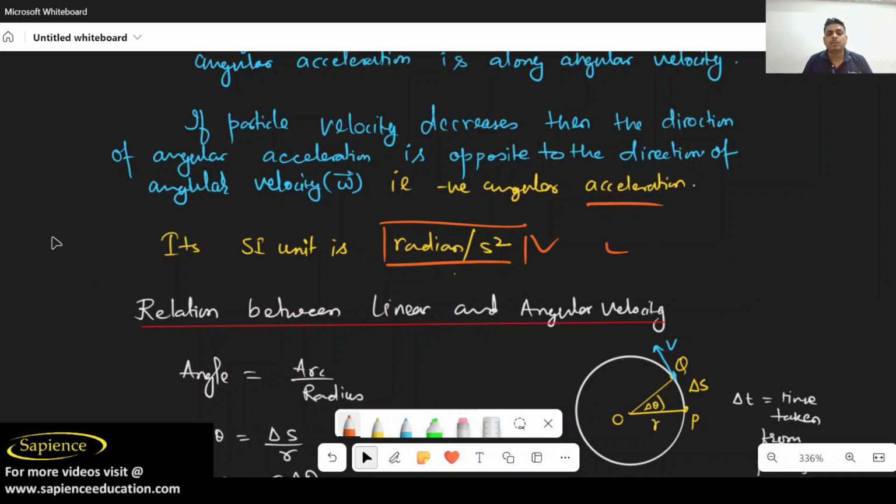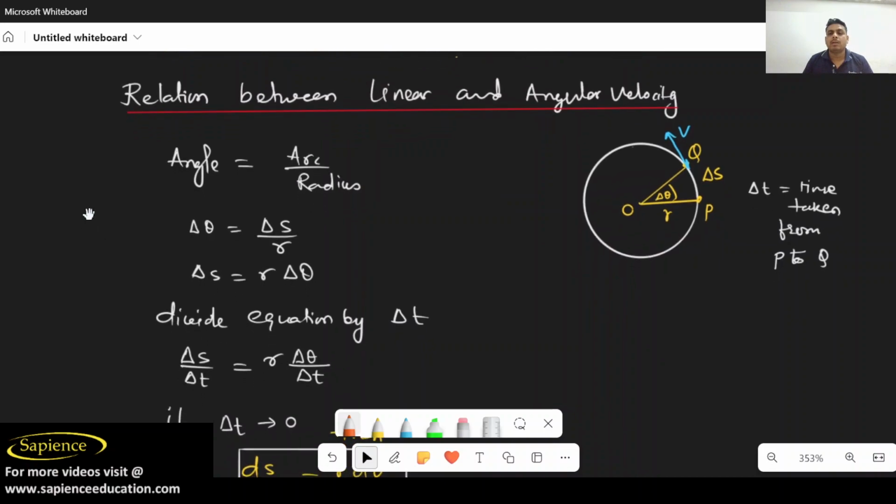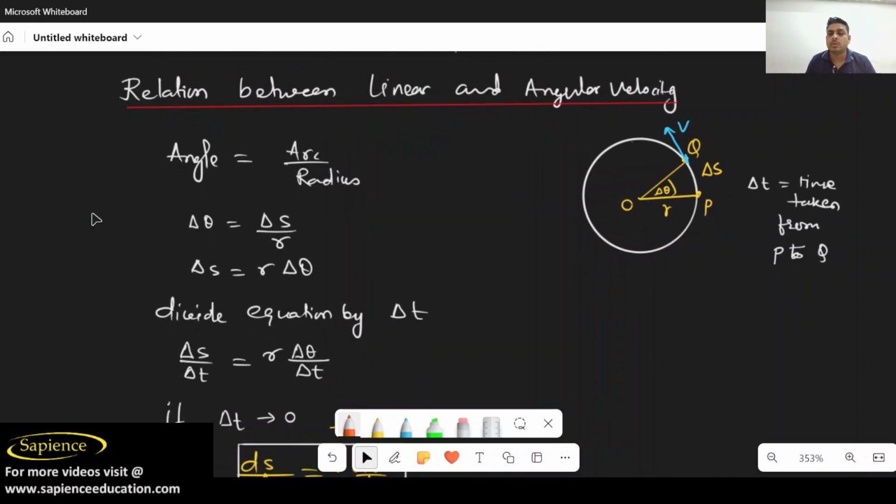Now I am going to discuss the relation between linear and angular velocity. You have understood linear as well as angular, but we need to form a relation between the two. Basically we go for the angle, that is del theta is equal to del s by r.